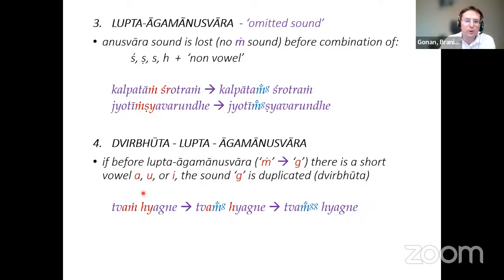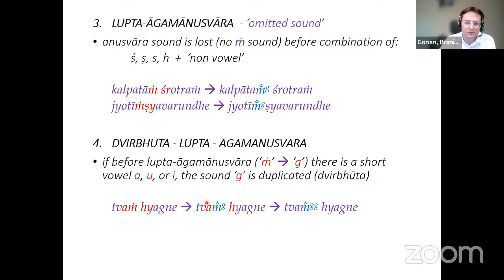When there is a short vowel a, u, e, the G sound is duplicated after the lupta agamanusvara change. So, for example, you see this example, tvam hyagne. First we said h sound plus a non-vowel. It means that we need to change this anusvara into g. So it is tvag hyagne.